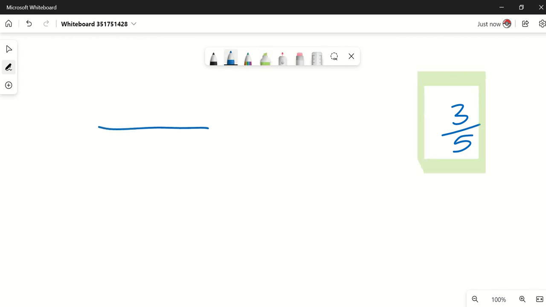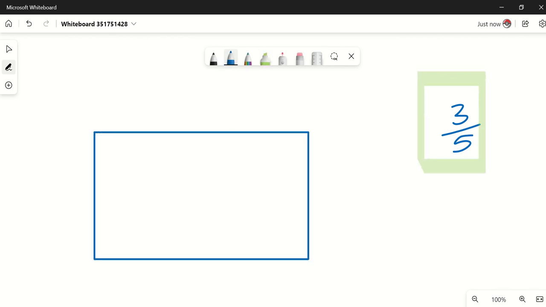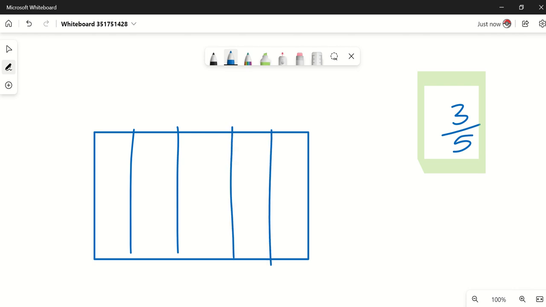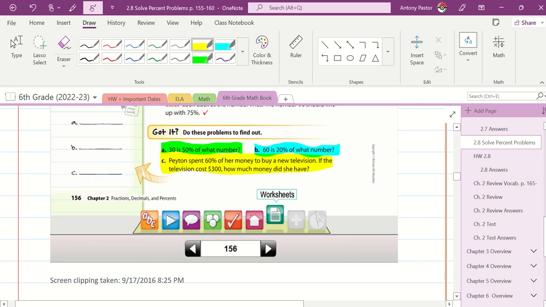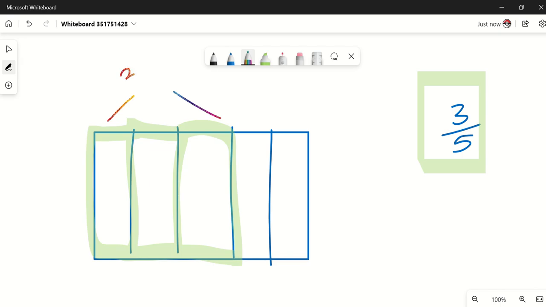Now, I'm going to draw my rectangle again and divide into 1, 2, 3, 4. This will make 5 equal. They don't look equal, but you get my drift. 1, 2, and 3. She has 3/5. 3 out of this 5 was $300.